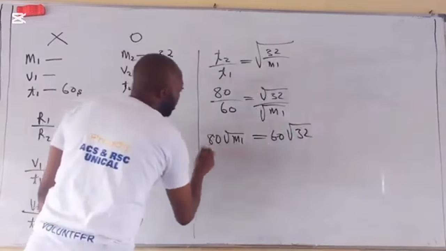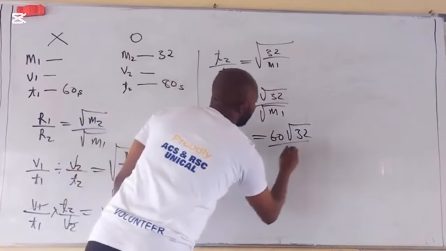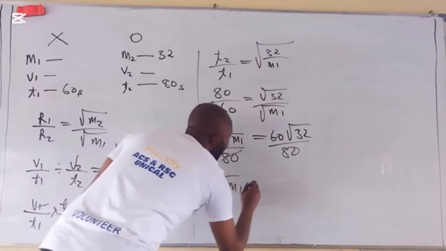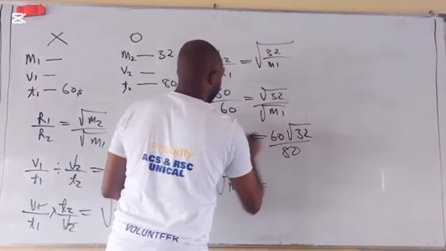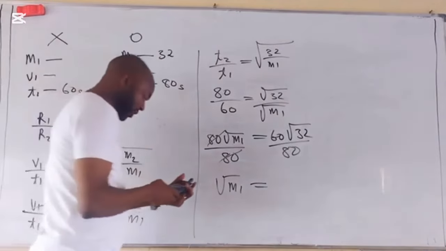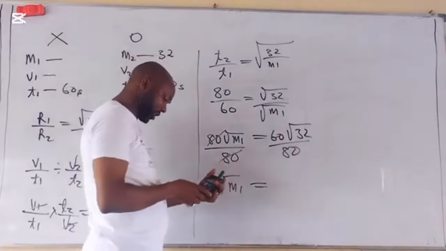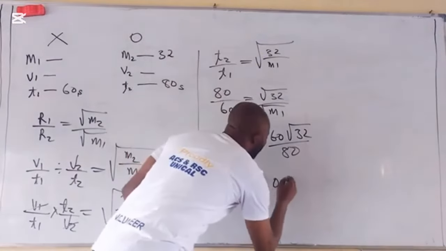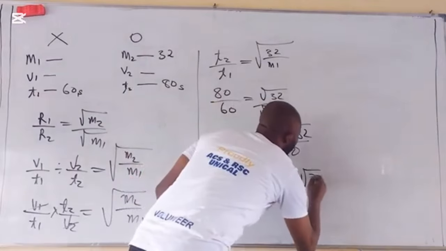Divide both sides by 80. So this will go, I have my root of M1 is equals to 60 over 80, 60 divided by 80, 0.75, is equal to 0.75 root 32.